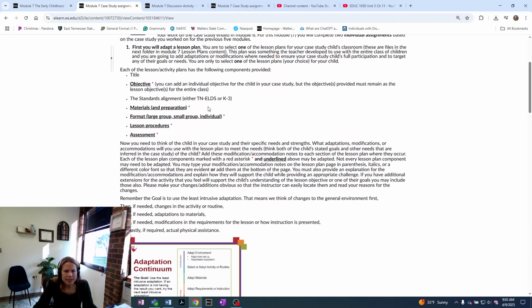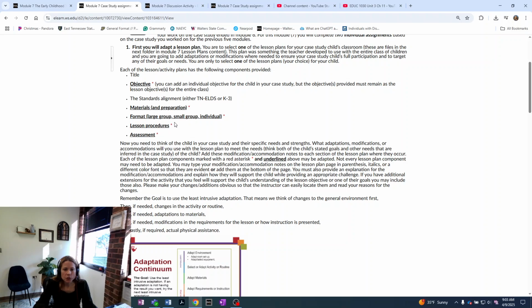So now that you see these, you're going to see some little asterisks, right? Okay. So each of the lesson plan components are marked with that little asterisk, okay, and they're underlined. So anything that you see with an asterisk and that's underlined can be adapted, which means that you can make changes. Not all parts of the lesson need to be changed.